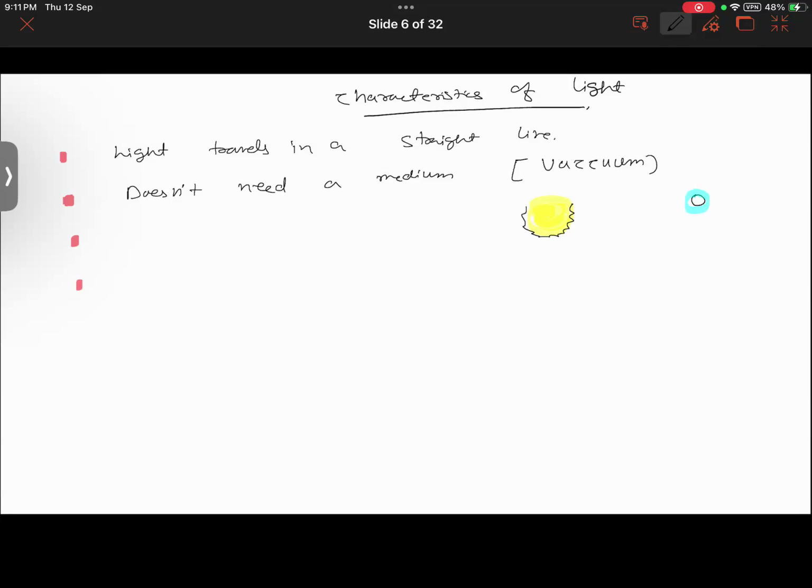Where the atmosphere ends and the space starts, between this and the sun, there is just vacuum. There isn't any medium, but light still travels through the vacuum. So that's the proof that it does not need a medium.